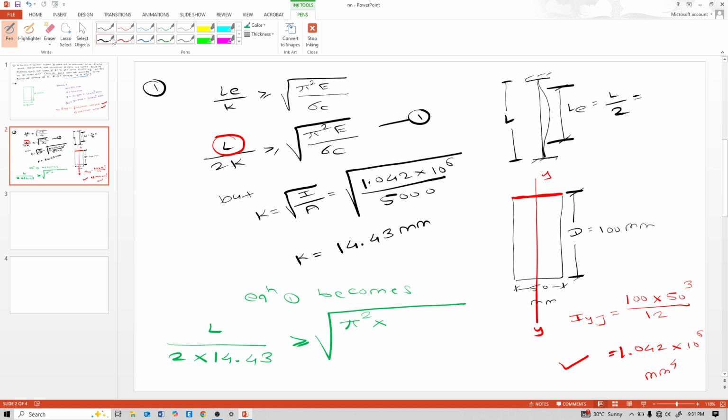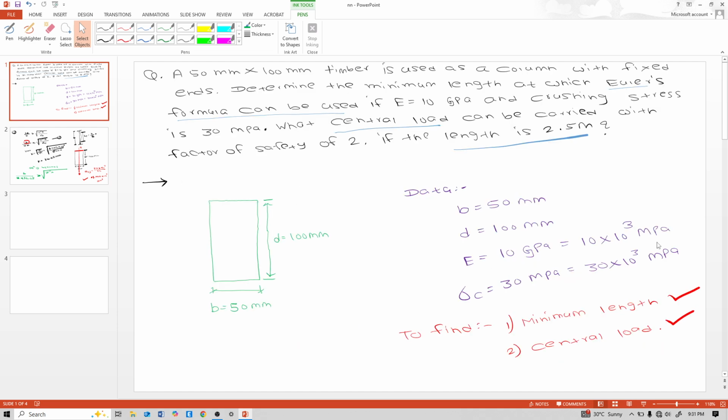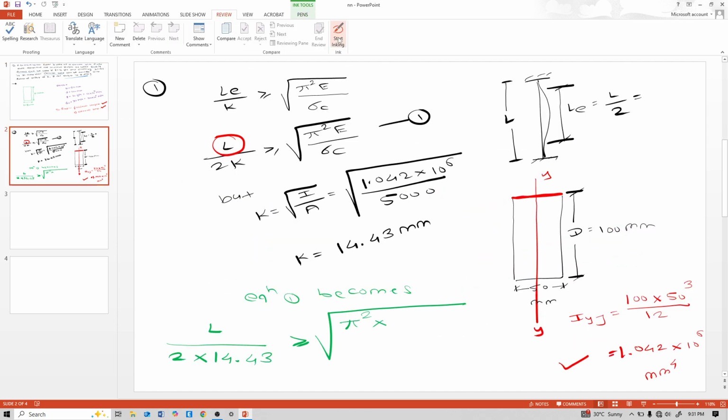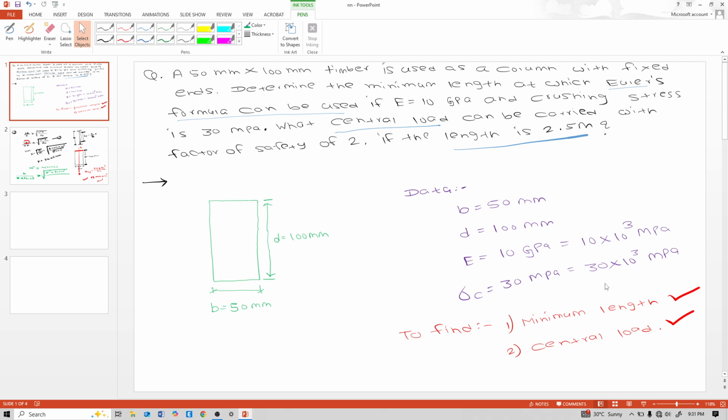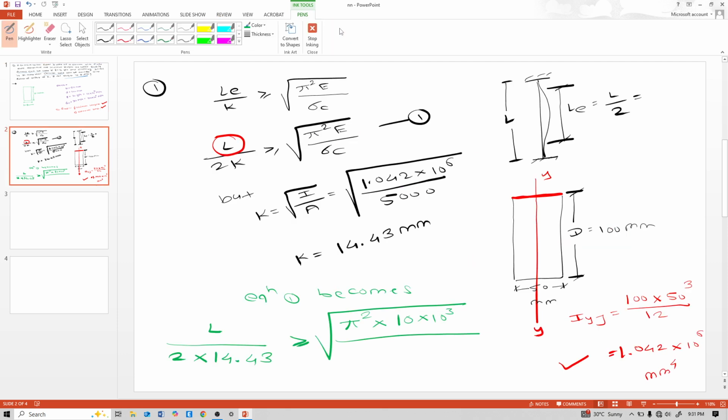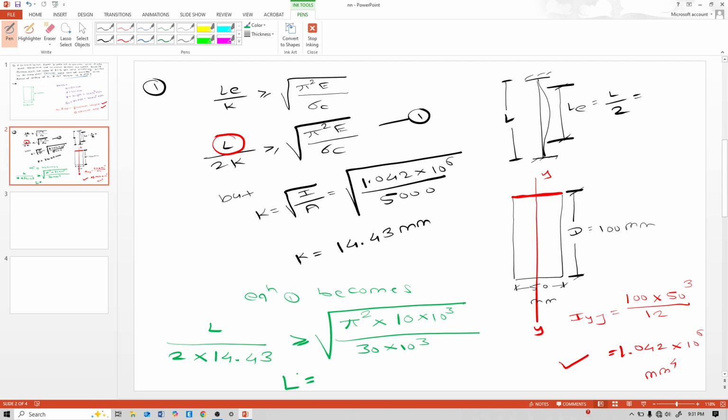E is a given quantity, the modulus of elasticity, 10 into 10 raised to 3 MPa, divided by sigma C, also a given quantity, the crushing stress, 30 into 10 raised to 3. So this L is greater than or equal to; use it as equal to and solve it.